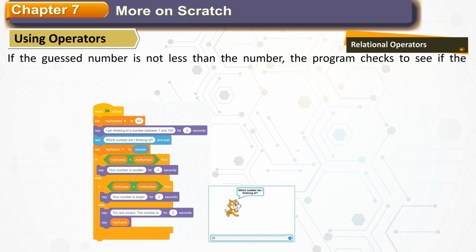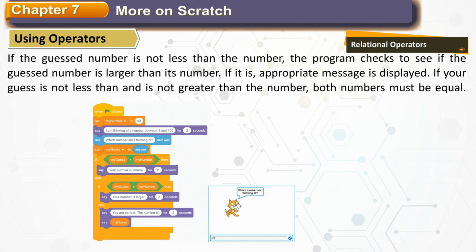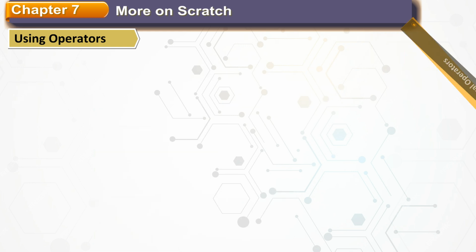If the guessed number is not less than the number, the program checks to see if the guessed number is larger than its number. If it is, an appropriate message is displayed. If your guess is not less than and is not greater than the number, both numbers must be equal. The program tells you that you are correct and displays its number.